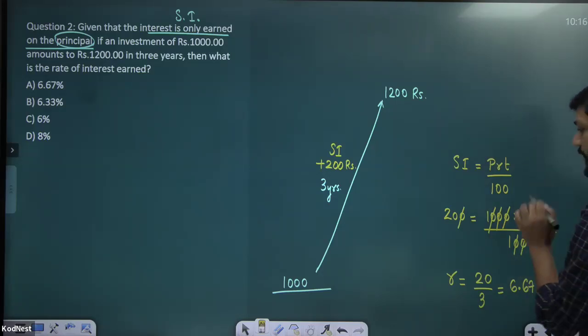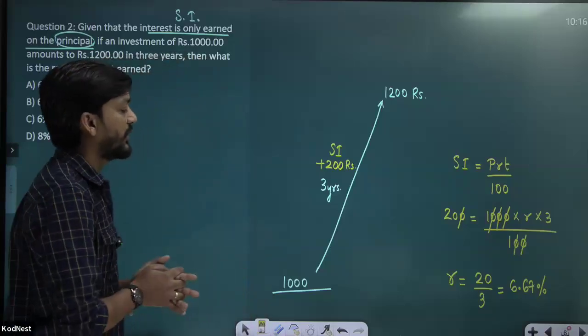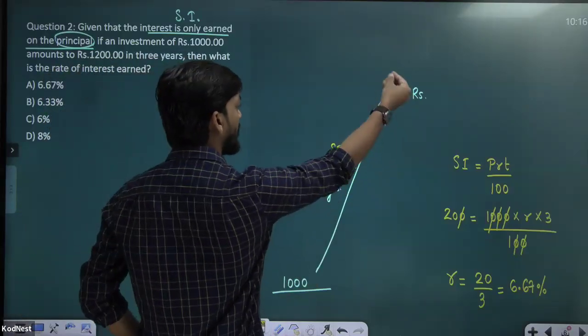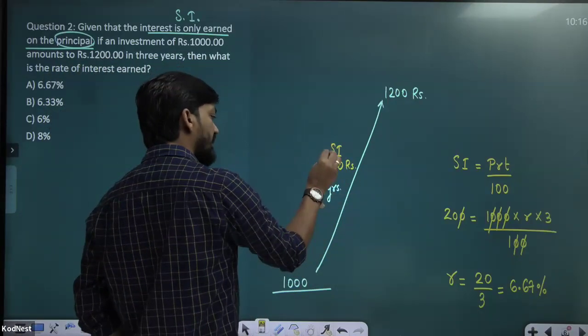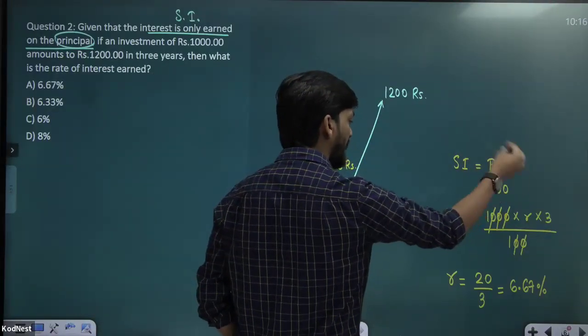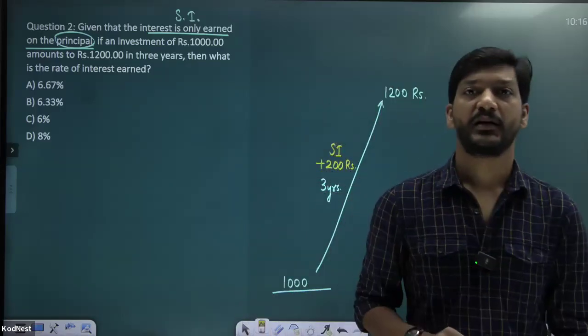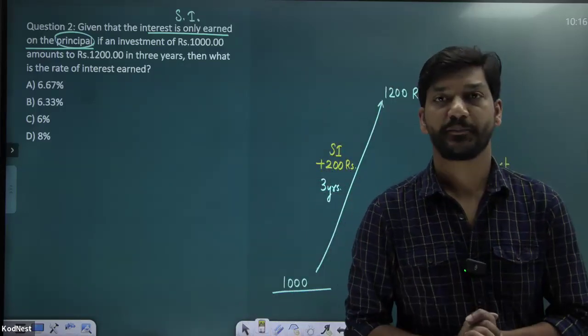This is your rate. Carefully see: starting value, final value, the difference will always be interest. We can equate that interest to the formula, put the values, and get our answer. Very simple. This is the formula way.